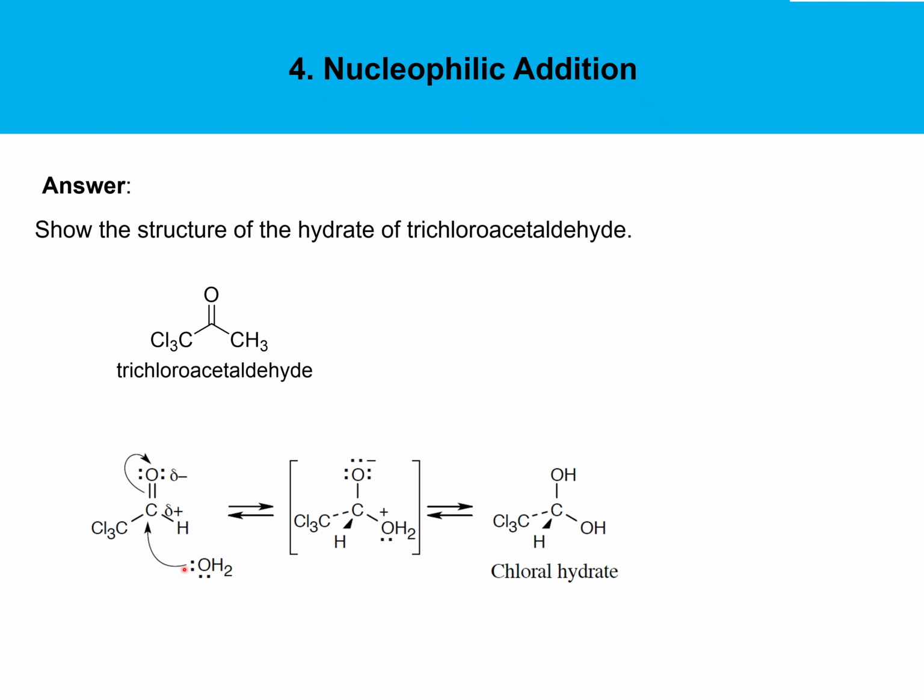Water would add to the carbonyl, break the double bond, create this tetrahedral intermediate, which will then lead to a proton transfer. This oxygen will be protonated. This one will lose a proton to form the hydrate. And so this is the product that we get from a hydration, whether it's acid catalyzed or base catalyzed, of trichloroacetaldehyde.